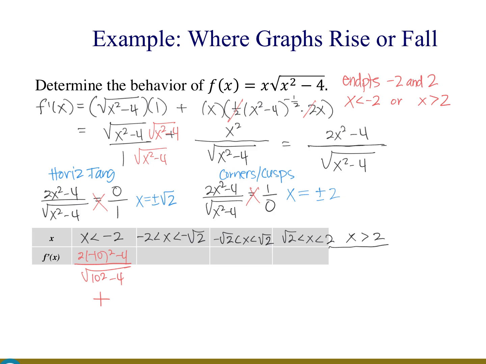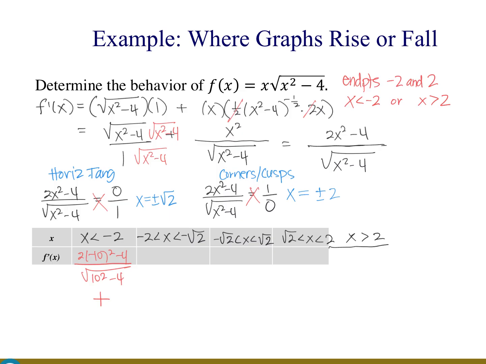Then we pick another number in the next section. So negative 1 is not between negative 2 and negative rad 2, because negative rad 2 is 1.414. So you'd have to pick like 1.5.